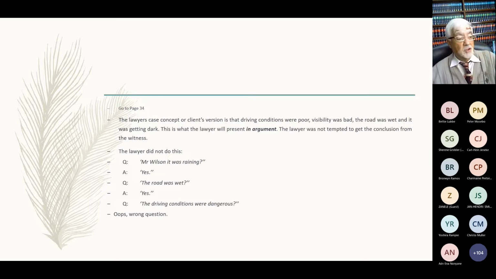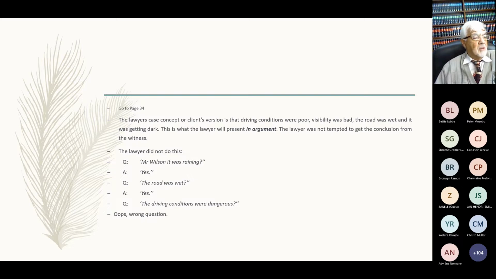What you want is to bring out that it was raining, that the road was wet. The conclusion that the driving conditions were dangerous is the argument you're going to make. You're not going to get this witness to say the driving conditions were dangerous. If you say that to the witness, you don't know the answer to that question.